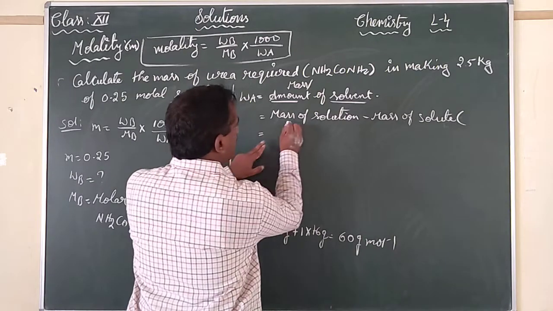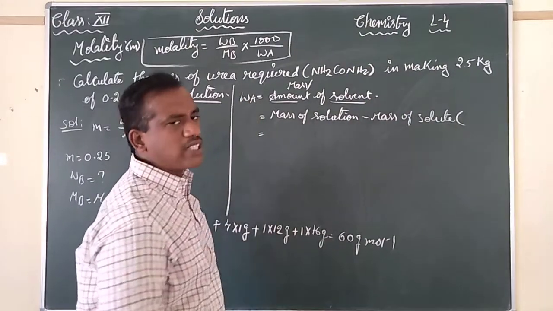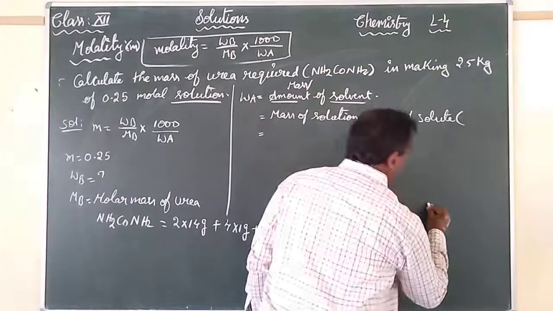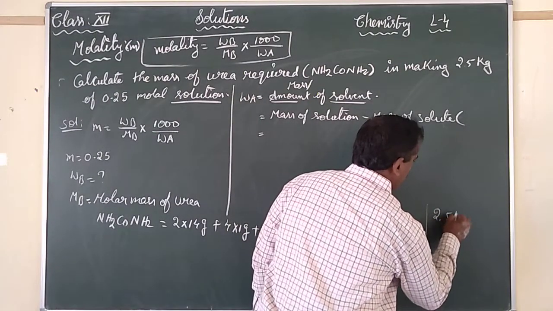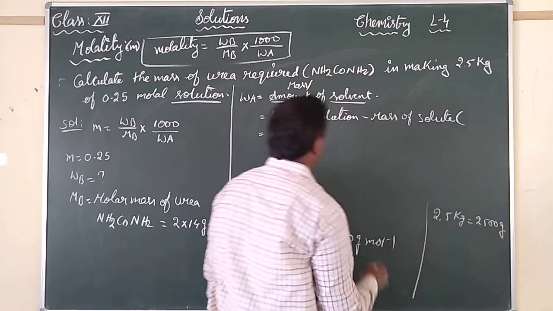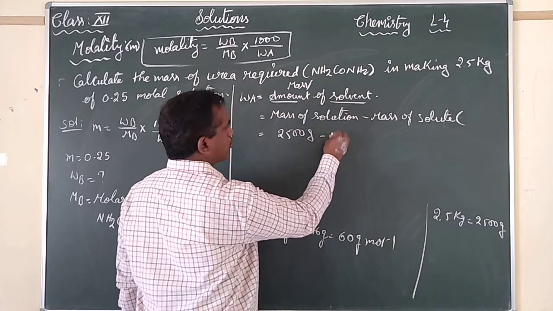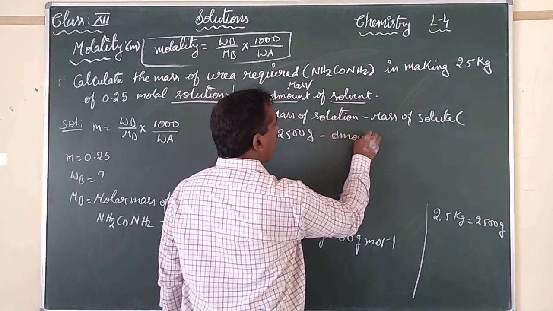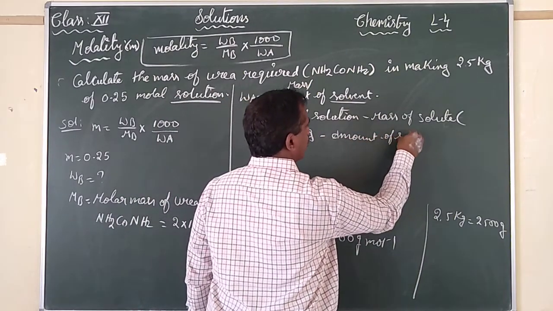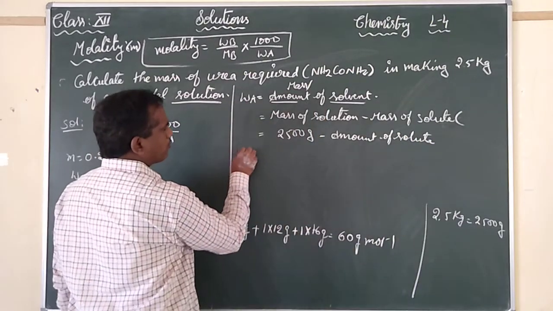Now, what is the mass of solution given? 2.5 kilograms. 2.5 kilograms can be expressed as 2500 grams. So now, the amount of solute. How to find this amount of solute?